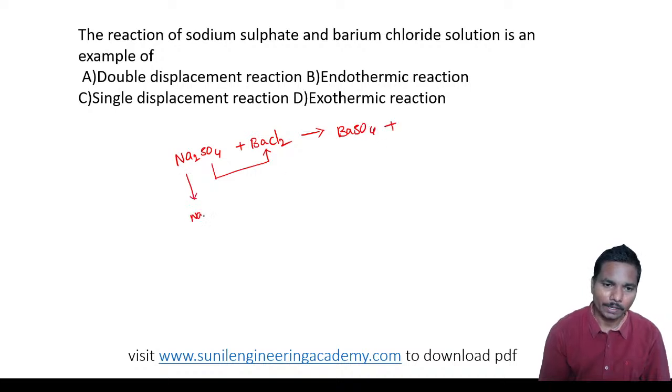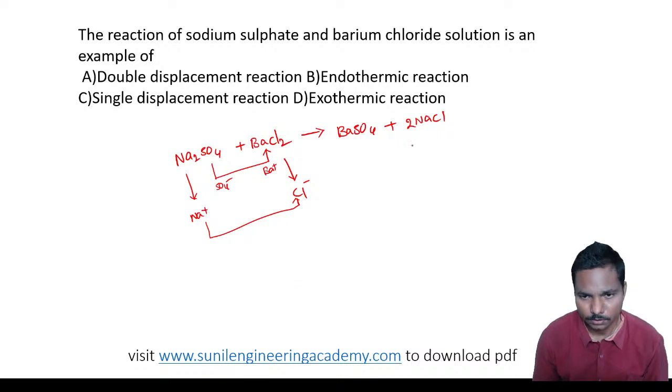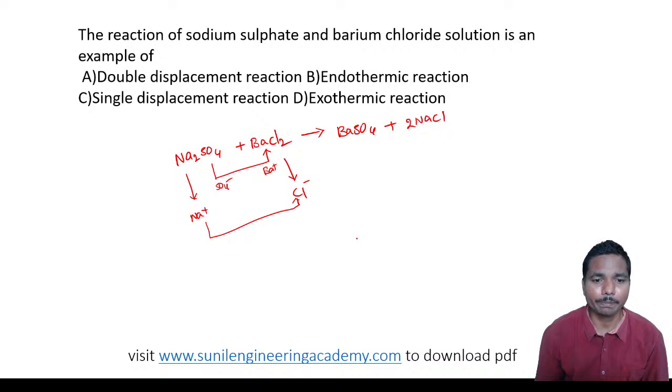Na+ and Cl- combine to give NaCl. We have to balance the equation: 2 chlorines and 2 sodiums mean we take 2 NaCl. Here one displacement, and this is the other displacement. So it is a double displacement reaction.